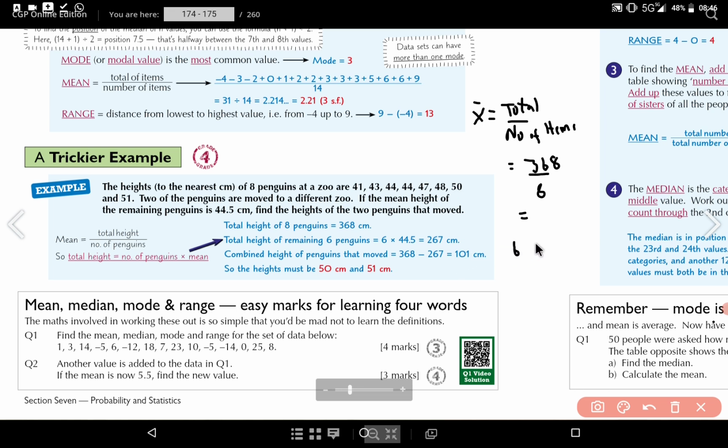So if there are 6, you multiply them by the mean. The mean here we found, 368 divided by 8, is 46.